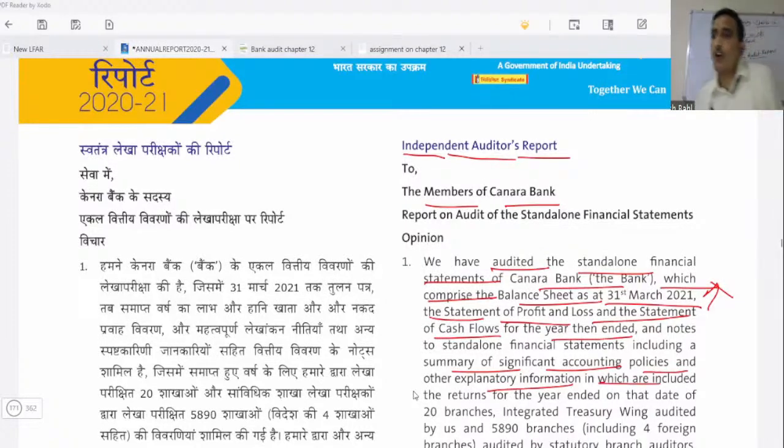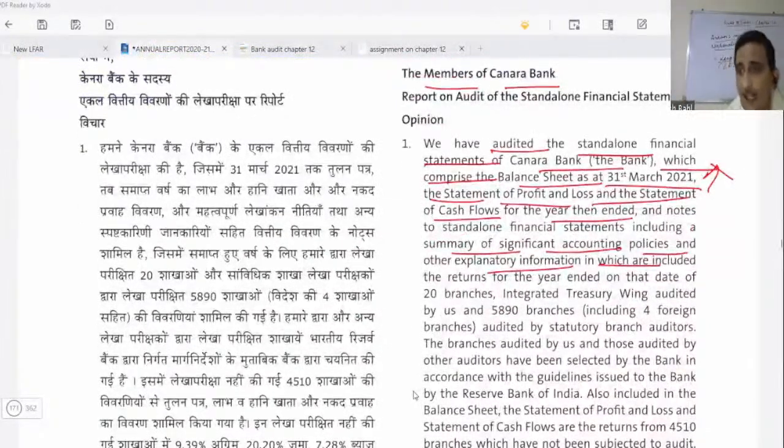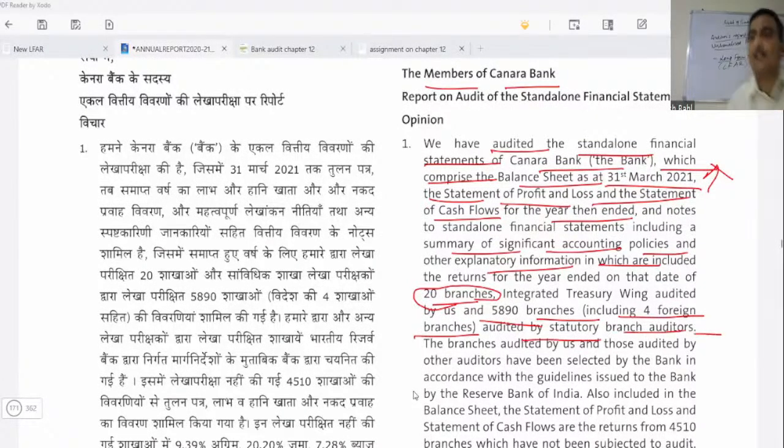And it also states the most important point, that the financial statements also include the returns for the year ended on date of so many branches which have been audited by us. It means that 20 branches have been audited by statutory central auditors, and the remaining branches, including 4 foreign branches, were audited by statutory branch auditors.